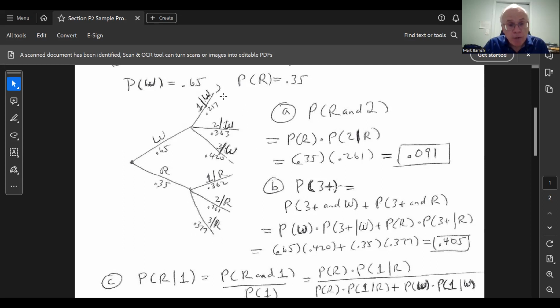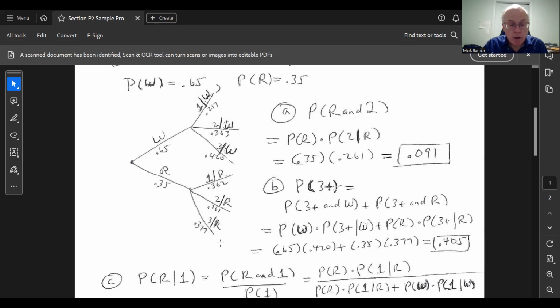Now, I didn't show you the end results here, but one thing the textbook does, which you could do also with the tree diagram, by the way, is you can simply just multiply across, right? Multiply W times 1 given W and get your answer. W times 2 given W, get your answer. W times 3 plus given W, get your answer.